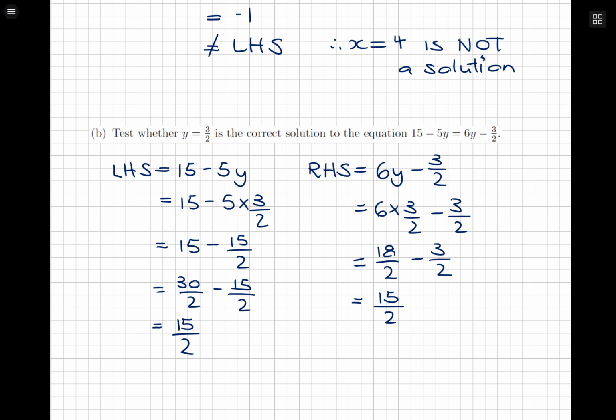Oh, exciting times. That looks familiar. That is our left-hand side. So it equals our left-hand side, and we can confirm that, therefore, y is equal to 3/2 is a solution.